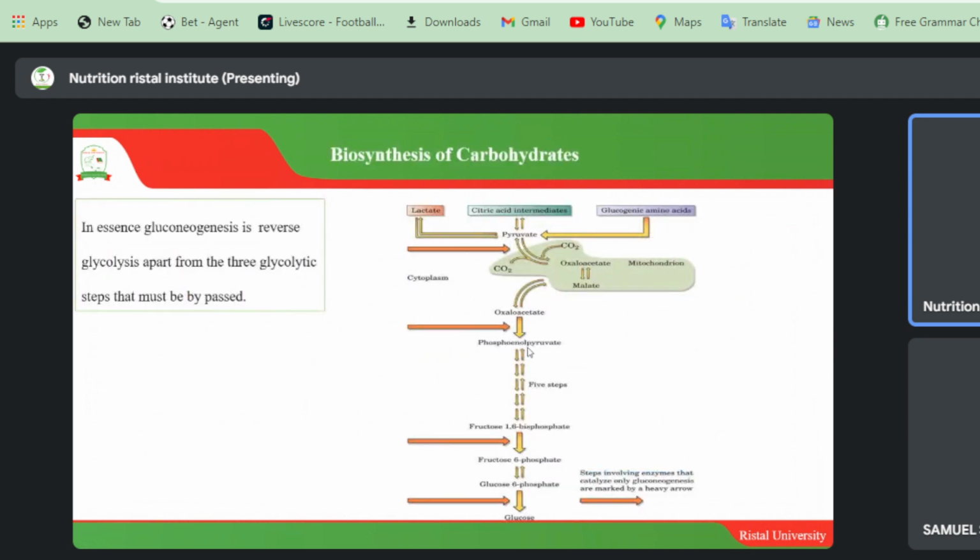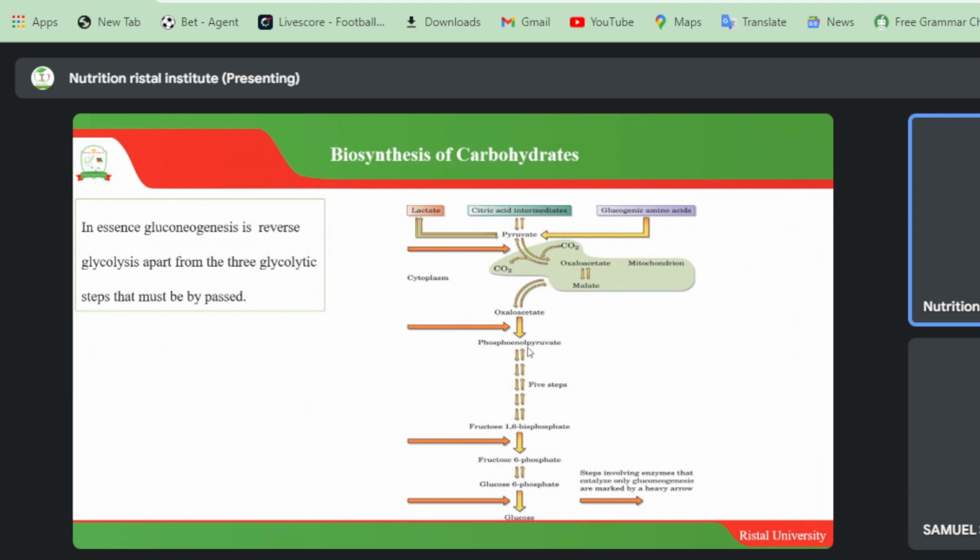And then, biosynthesis of carbohydrates. In essence, gluconeogenesis is reverse glycolysis apart from the glycolytic steps that must be bypassed, just like we have discussed earlier on.